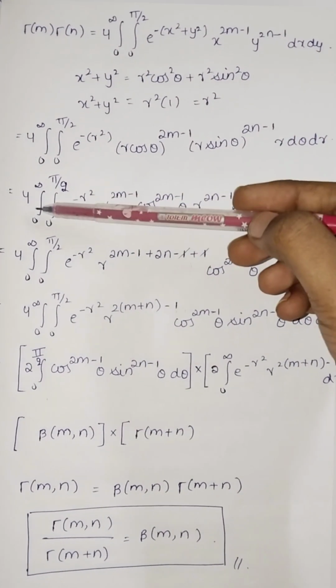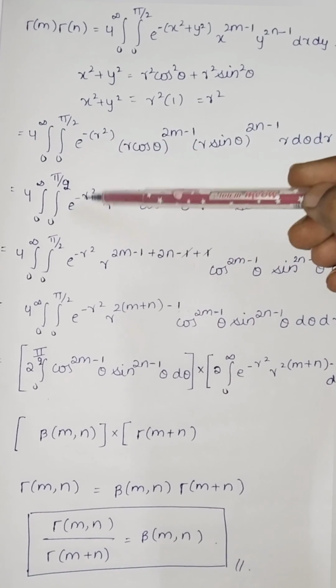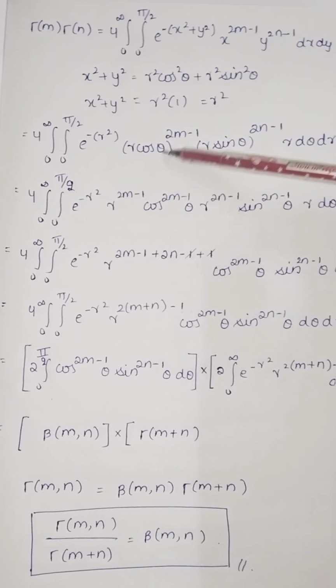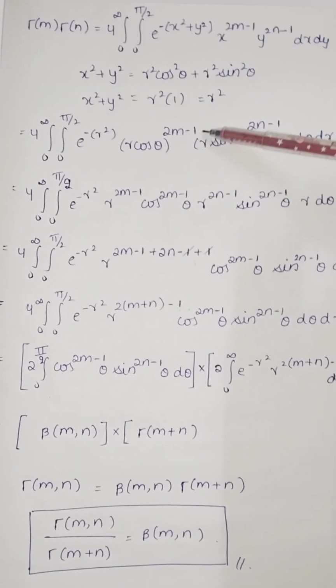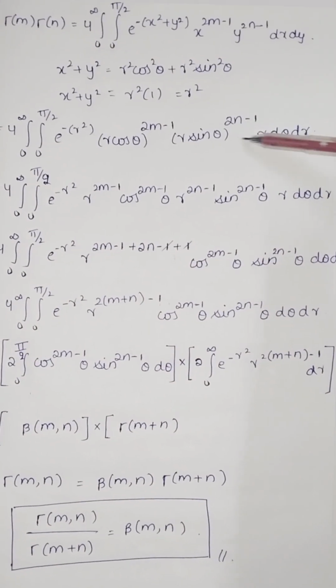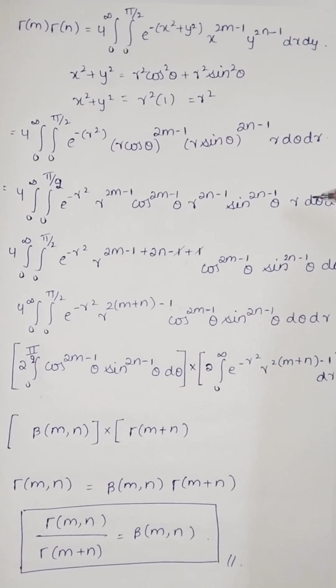So 4, 0 to infinity, 0 to pi by 2, e to the power minus r square and r to the power 2m minus 1 into cos theta whole to the power 2m minus 1, again r to the power 2n minus 1 into sin theta to the power 2n minus 1, r d theta dr.